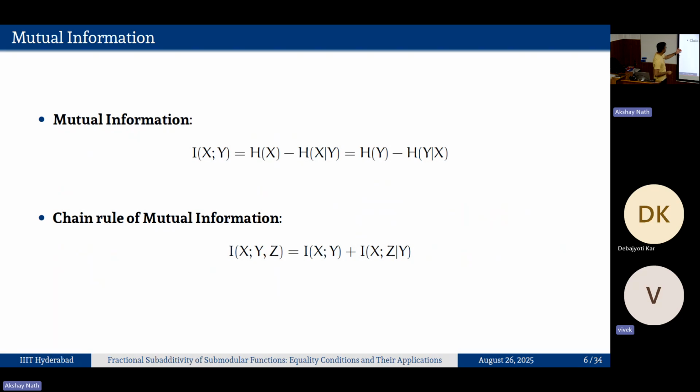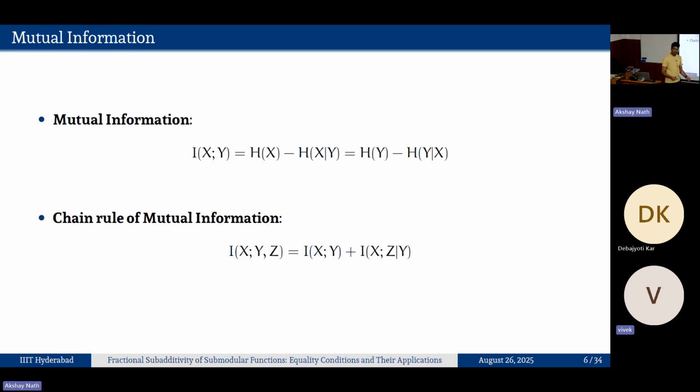Along with that, we define what is called mutual information. Suppose I have a random variable x and a random variable y, and I want to understand the mutual information between them. So I have h of x minus h of x given y. Take the instance when y is independent of x: this is h of x minus h of x, which is 0.